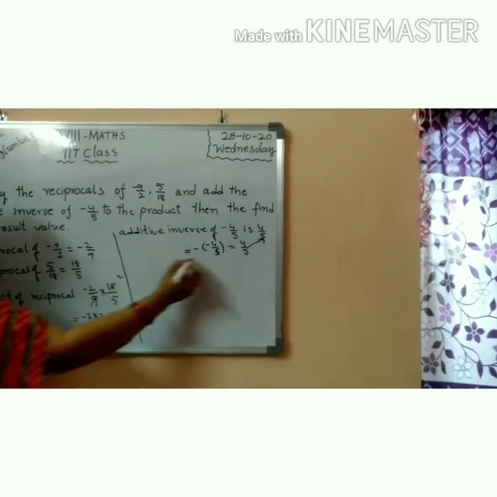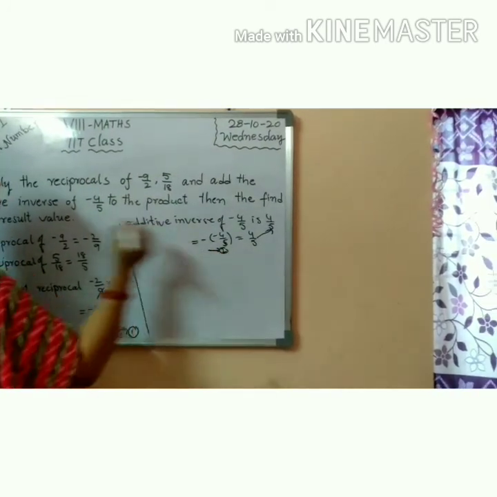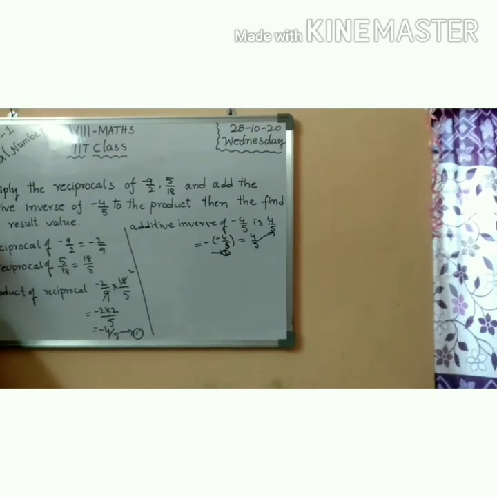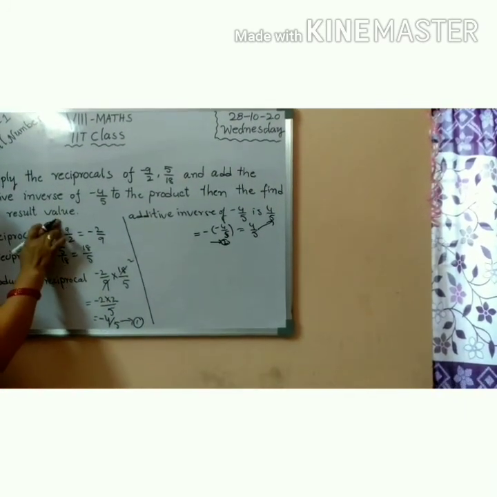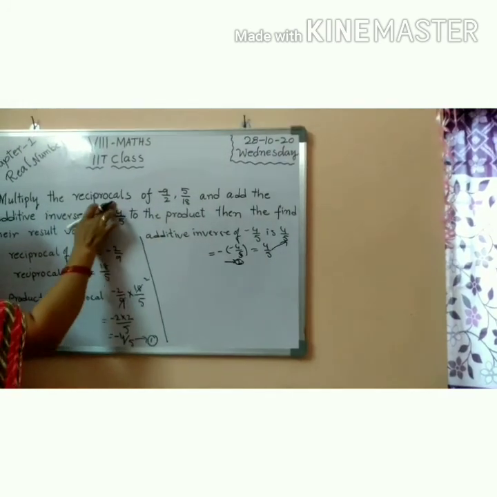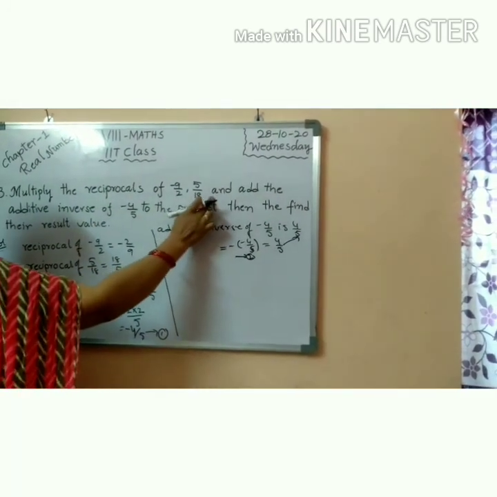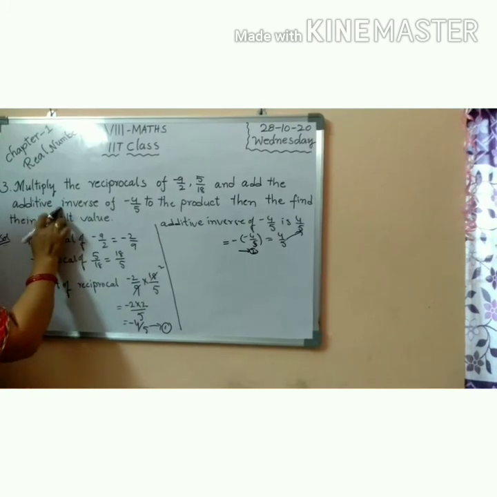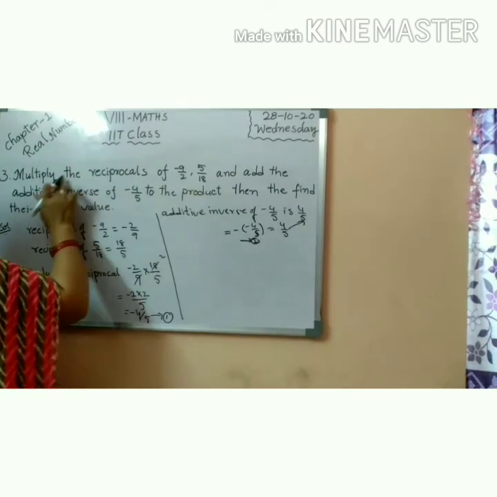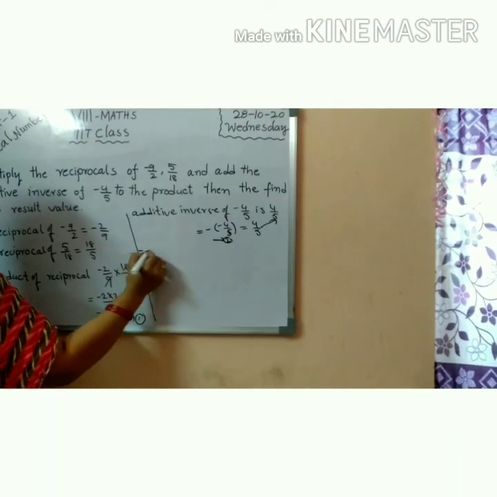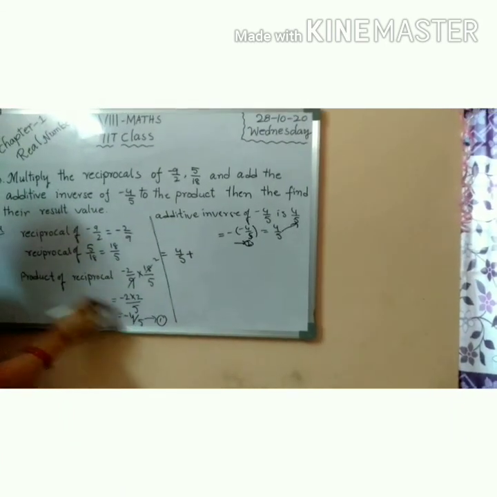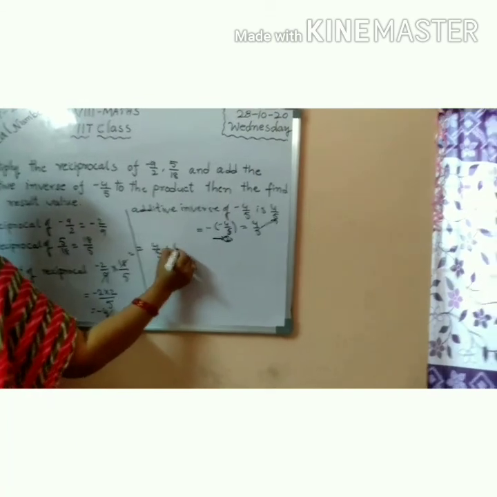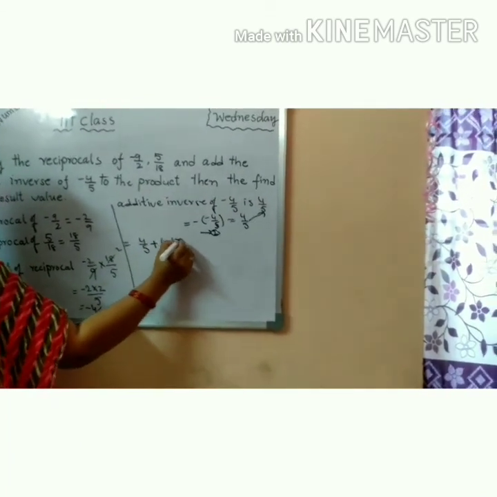Next, this is equation 2. What is the third step? Add the additive inverse to the product and find the result value. The additive inverse is 4 by 5 plus the product value.